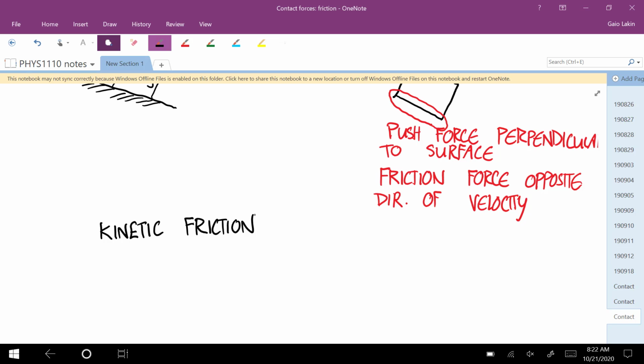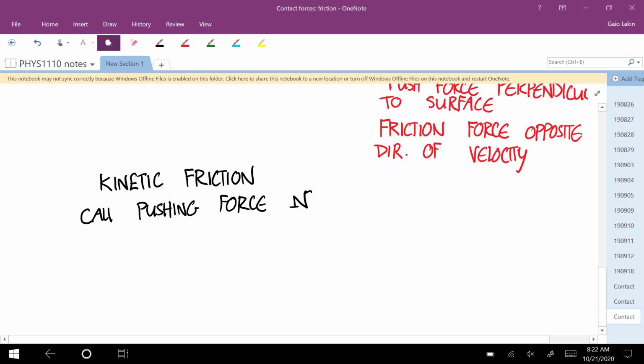So we are going to call that pushing force N, normal. So that follows the rules of the pushing force. It's perpendicular to the surface of contact toward the chosen body. The friction force is parallel to the surface.